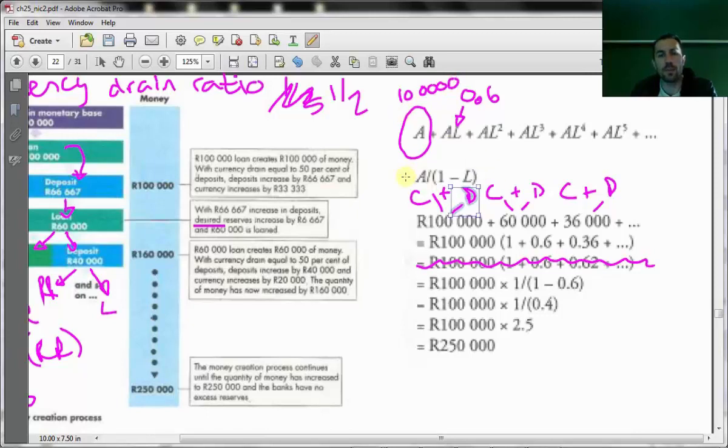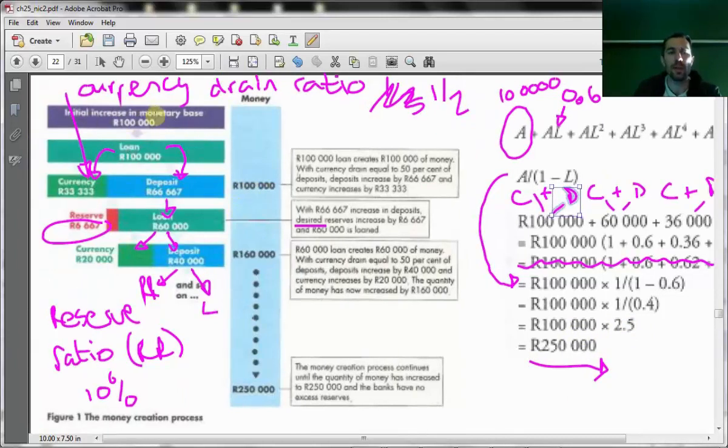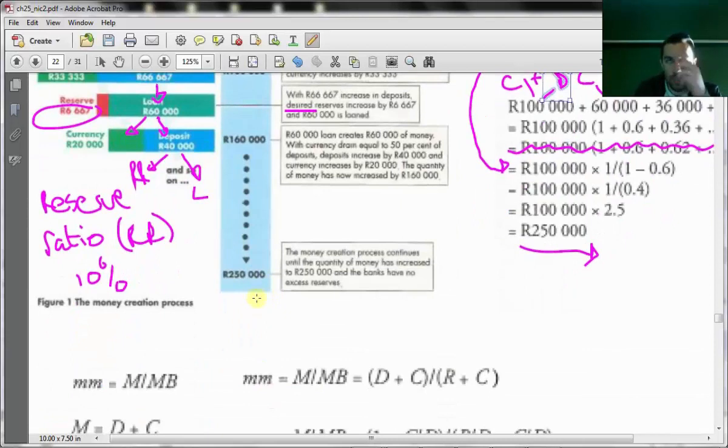So we can write this equation: 100,000 times 1 divided by 1 minus 0.6, which is the same as 100,000 times 1 divided by 0.4. 1 divided by 0.4 is 2.5, so 100,000 times 2.5 is 250,000. What that means is that initial increase in the money supply, 100,000, led to a total increase in the money supply of 250,000.